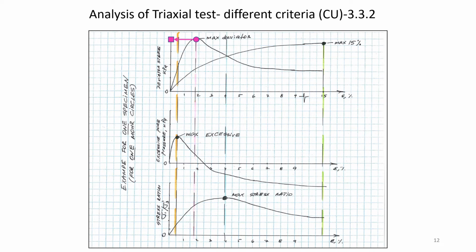Then you make a projection on the same curve of your excess pore pressure and get your excess pore pressure. If you picked, for example, maximum stress ratio, you are going to get an absolutely different deviator stress and excess pore pressure to be used for calculation.